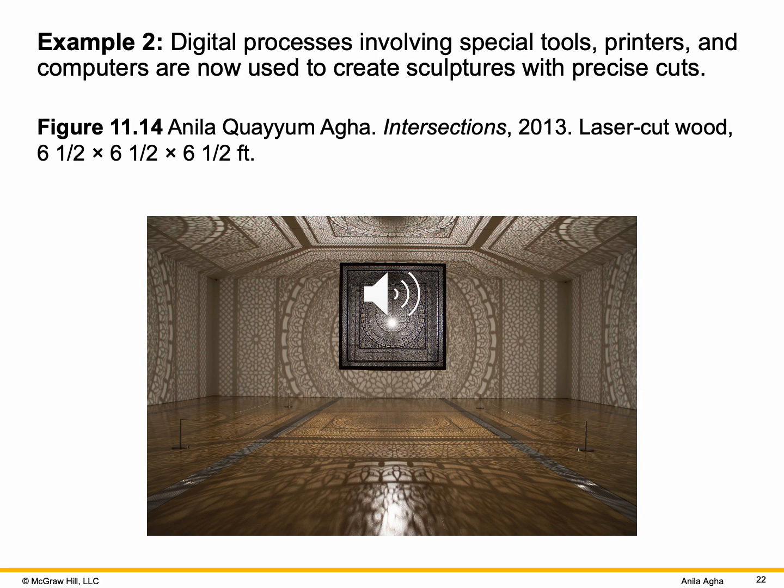Digital processes involving special tools, printers, and computers are now used to create sculptures with precise cuts. The computerized numerical control, or CNC laser cutter, is another recent technology used in sculpture. A highly focused beam of light on a movable arm cuts through material placed on a flat bed.